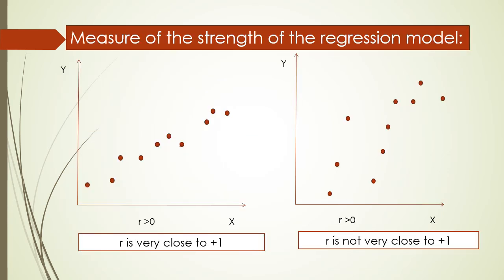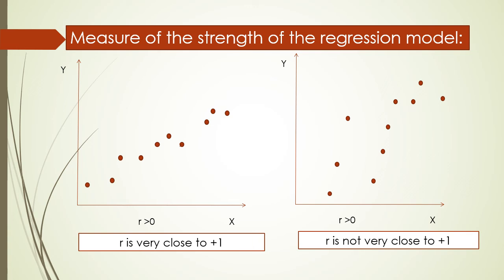Now let's see how good a regression model is in estimating the values of the dependent variable. Suppose we have two scatter diagrams. We observe that the scatter of the data points in the first diagram is much less than the second.